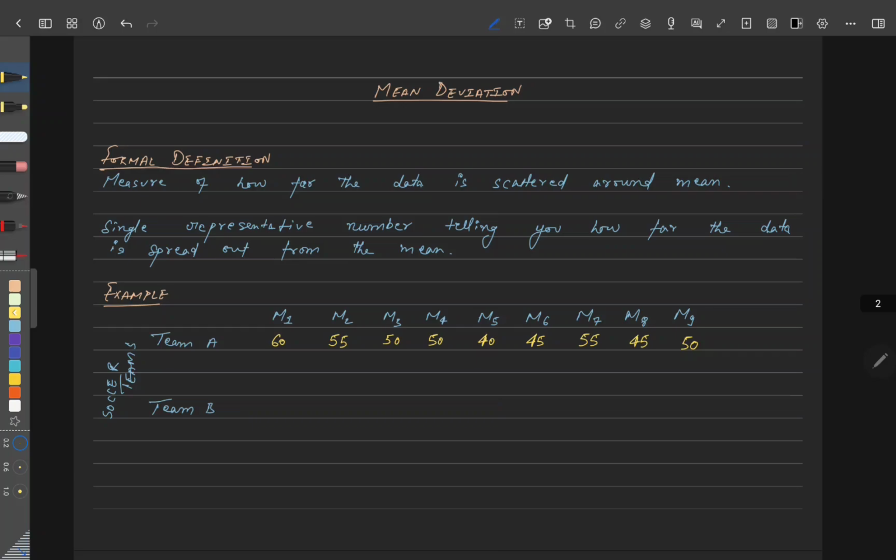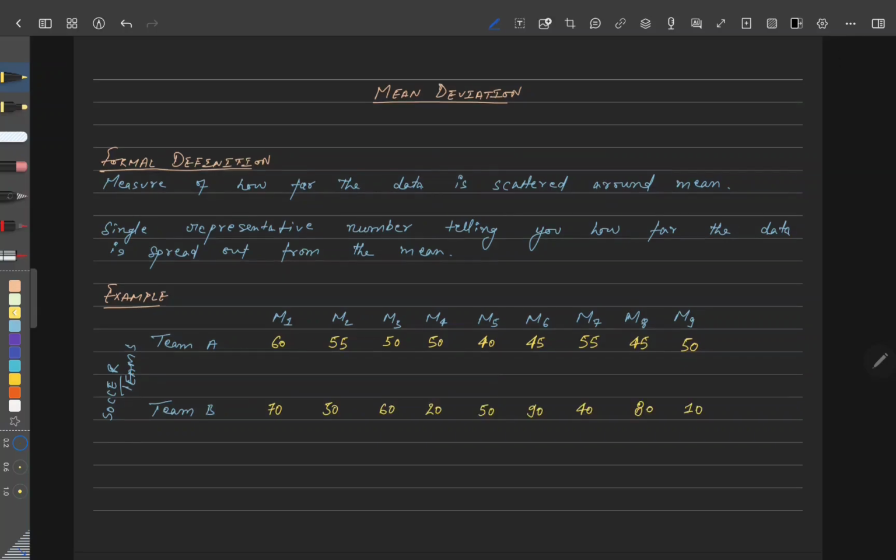Similarly, for team B, so in match 1, team B took 70 minutes to score their first goal. In match 2, they took 30 minutes. In match 3, they took 60 minutes and so on. So we have this data with us.